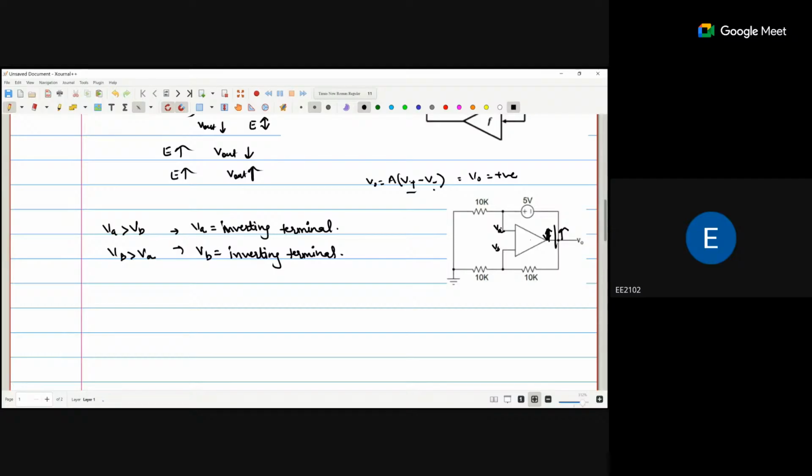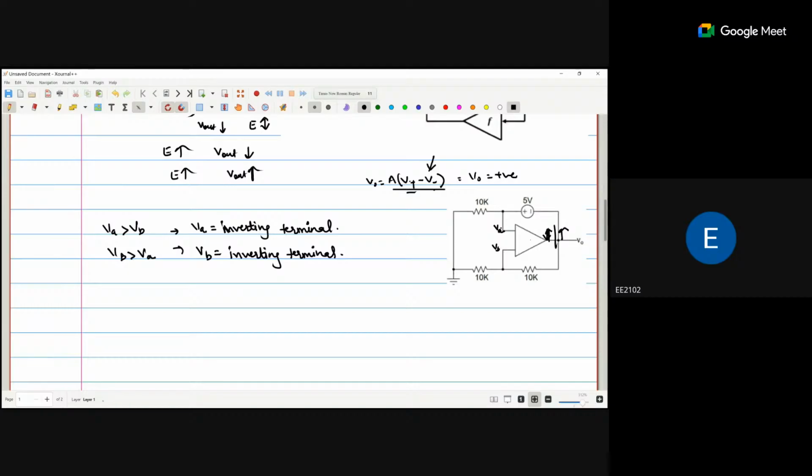The condition is that if the V negative voltage is higher, we get a negative output voltage, and if the output voltage is negative, it is a 180-degree phase shift, that is negative feedback. Clear? So always consider the terminal where the voltage is higher.